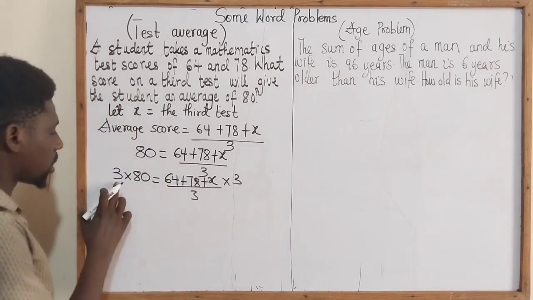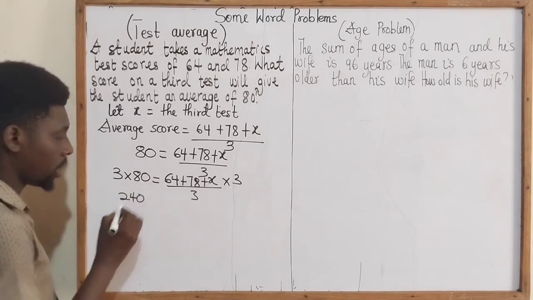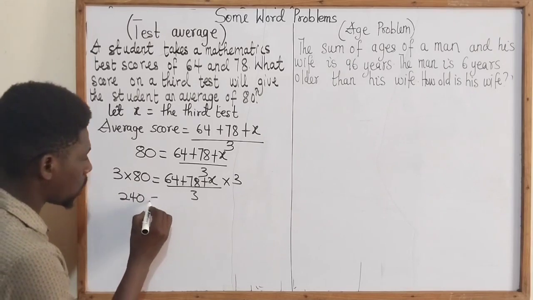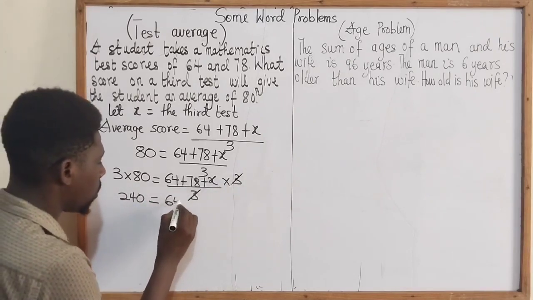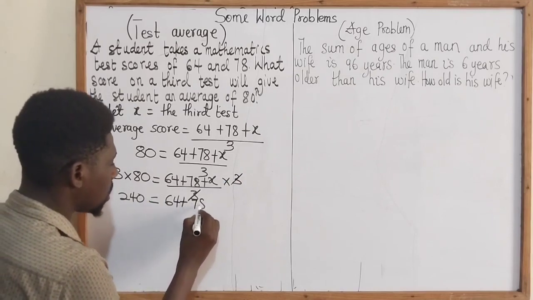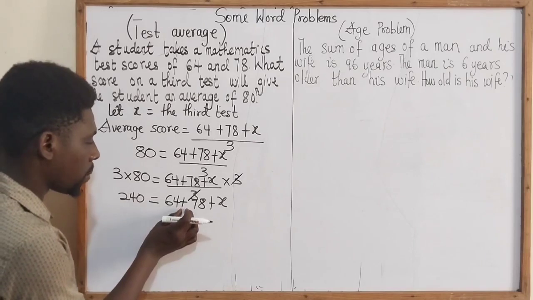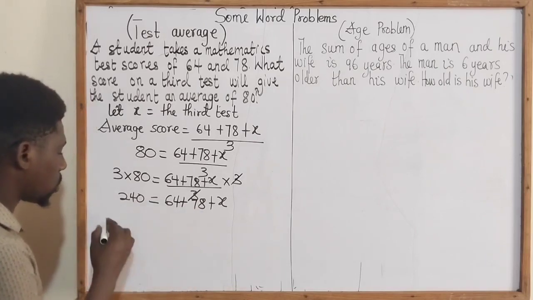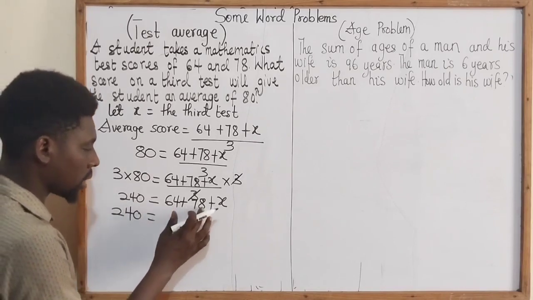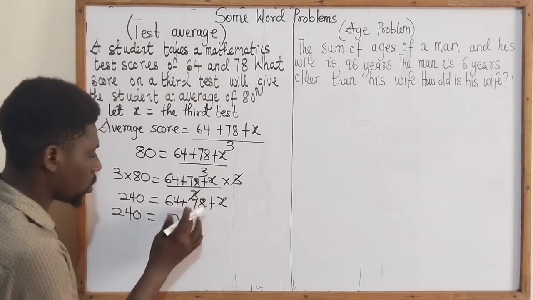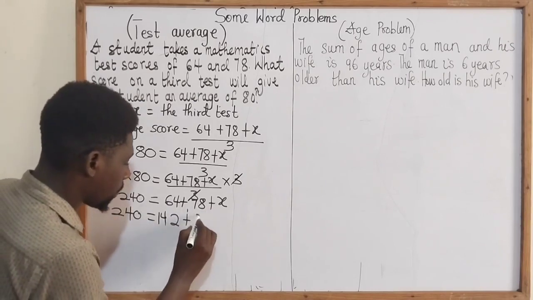All right, so 3 times 80 is going to give me what? 240, right? Which is equal to 64 plus 78 plus x. So 64 plus 78 gives me what? 4 plus 8 gives me 12, so this will give me 142 plus x.